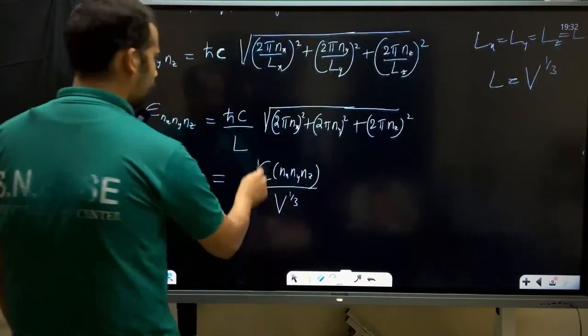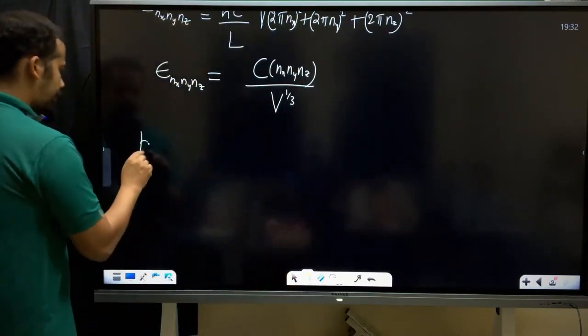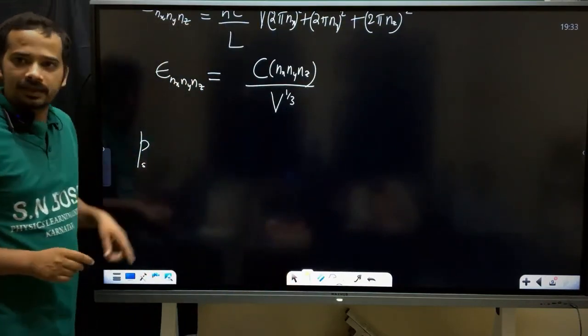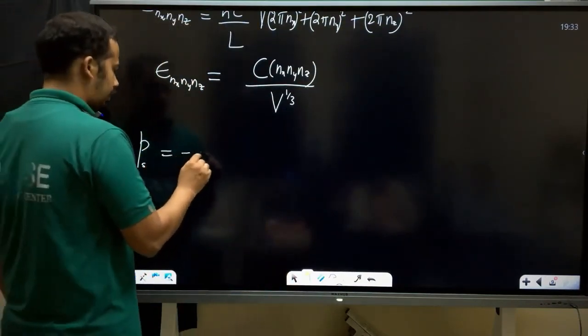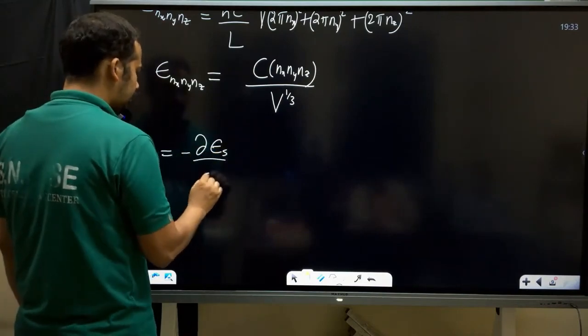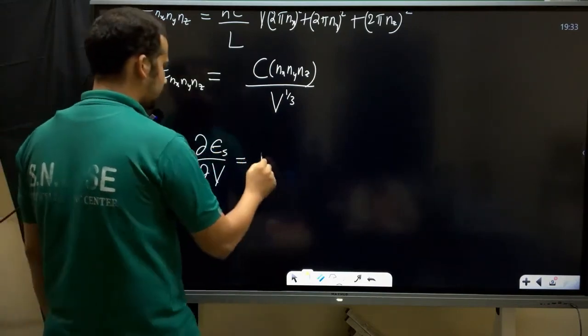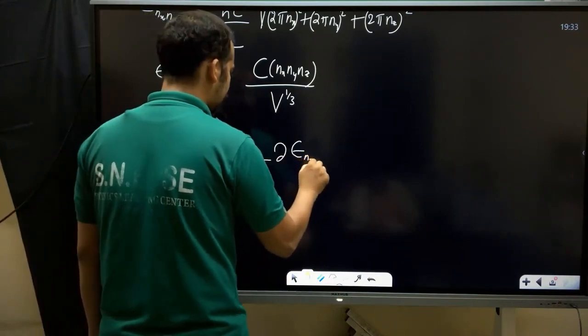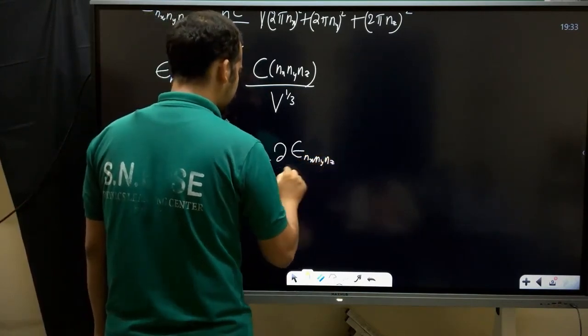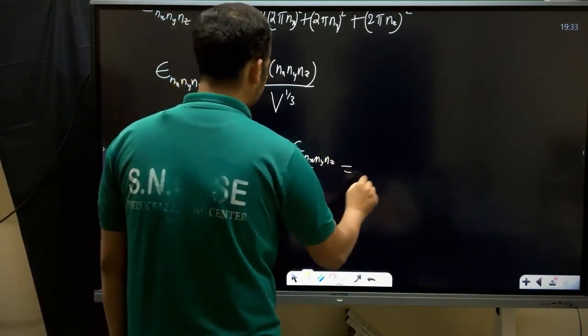Now my pressure contribution to a particle in state S is equal to minus dou Es by dou V. That's nothing but minus dou E(nx, ny, nz) divided by dou V. What is that one?